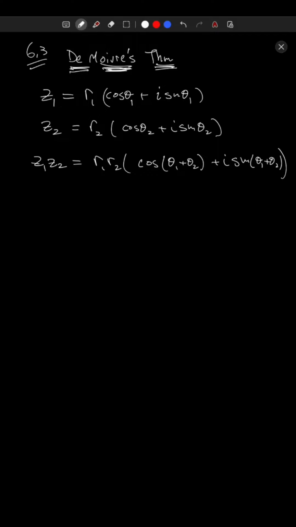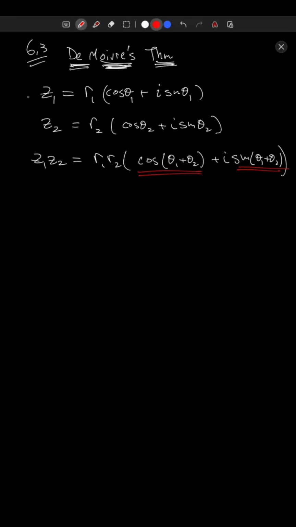All right, so we talked about this last time, and essentially this result comes from the fact that we have our identities for breaking down cosine of θ1 plus θ2 and sine of θ1 plus θ2. Those identities essentially immediately give you z1 z2.